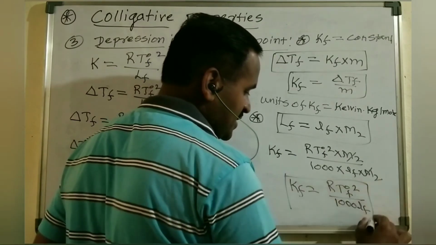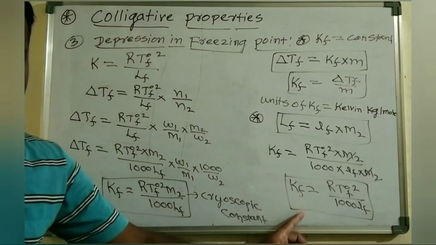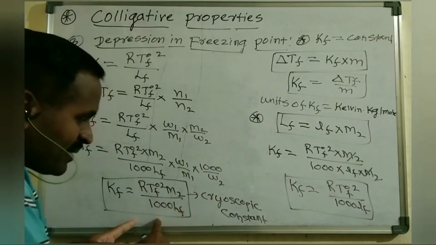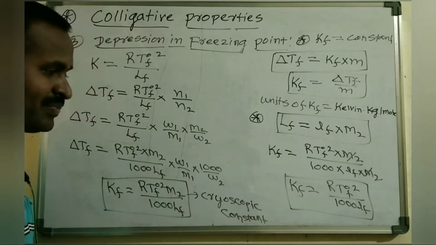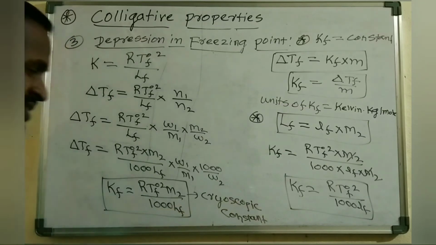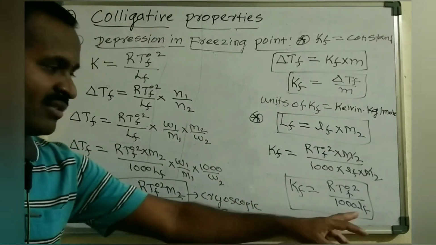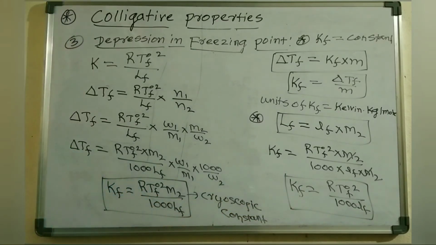This is the relation for the molar depression constant or the cryoscopic constant. Whenever they give the gram molar latent heat of freezing, use this formula, and for the molar latent heat of freezing, use the other formula.